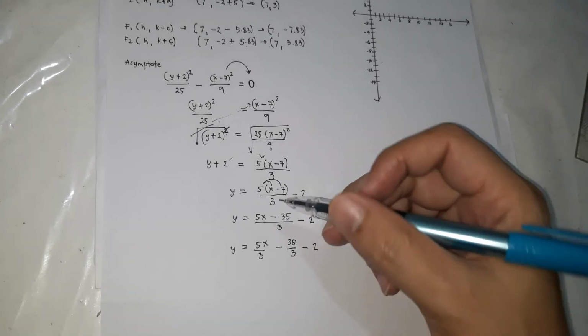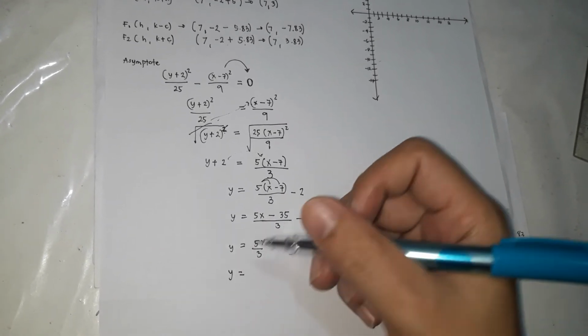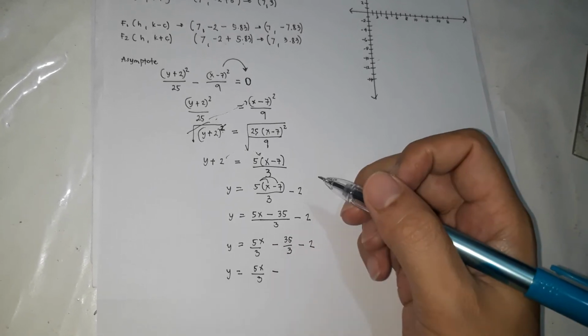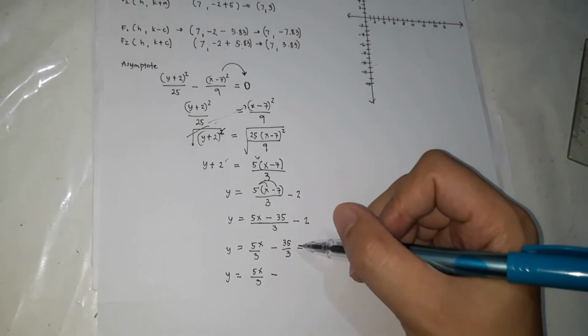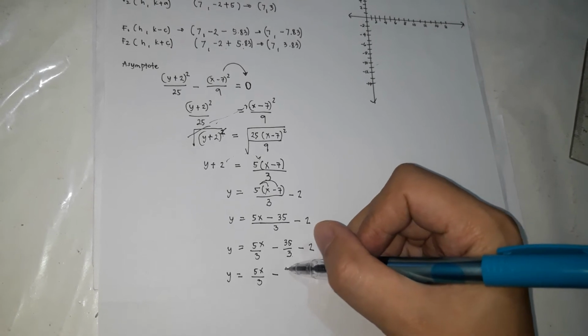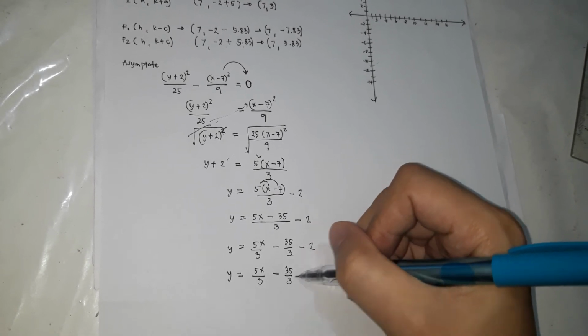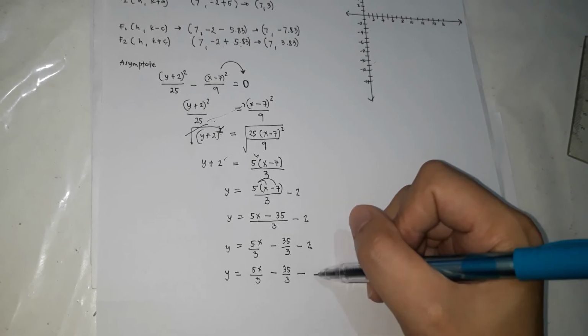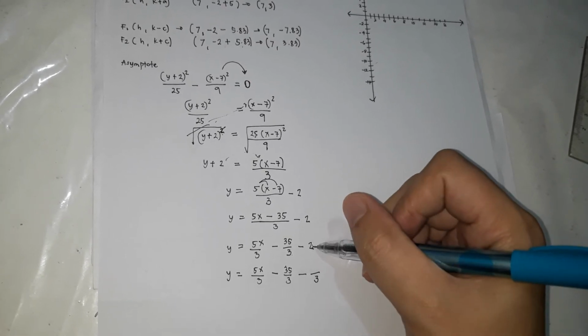Hatiin mo lang sa 3. You could answer 5x over 3 minus 35 over 3 minus, gawin mo si 2 na fraction with denominator na 3.